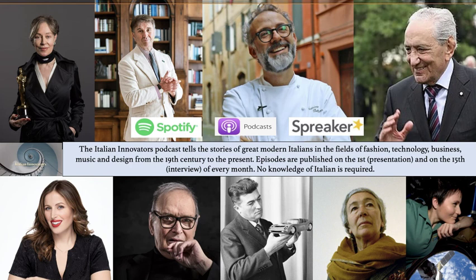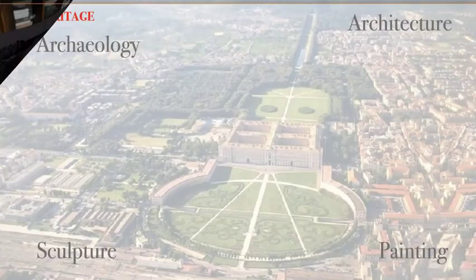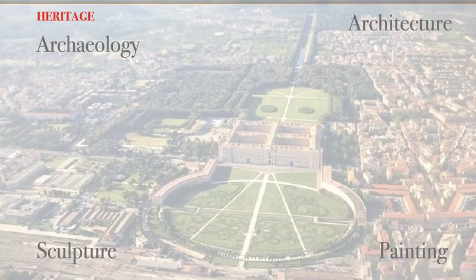And on the 15th of each month, I will publish an interview with figures that are at the top of their profession and are particularly innovative. So, for example, in the case of Clea Zammateo, founder of Clio Makeup. All episodes are published on Spotify, Spreaker, and iTunes as well.